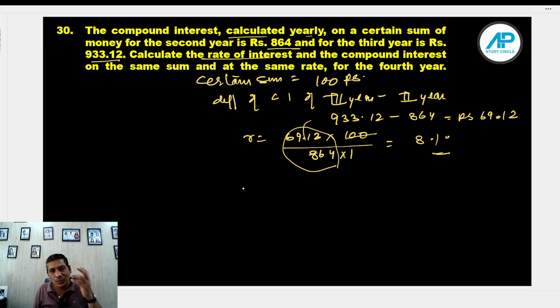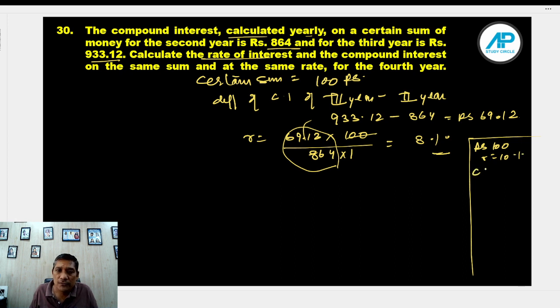Now understand the concept. Suppose I'm giving it short. My principal is 100 rupees for the first year and rate is 10%. So the interest for the first year would be rupees 10. Amount 110. Interest for the second year, say how much?